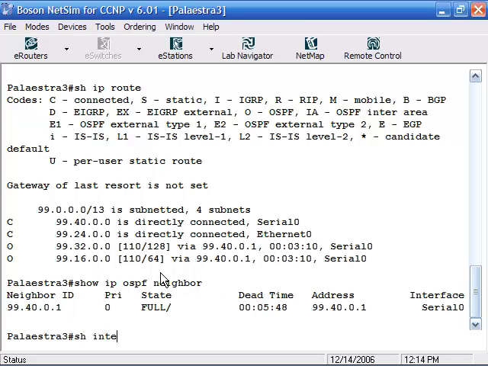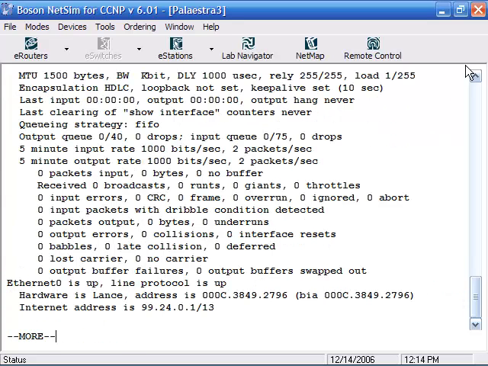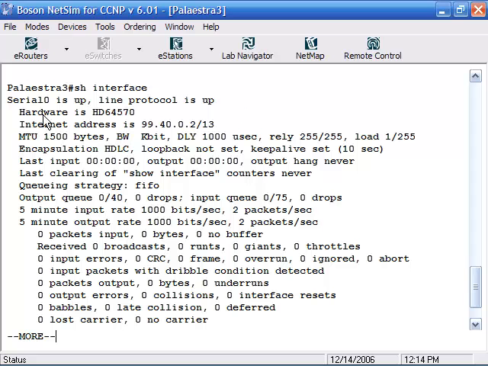I want to take a look at the interface that I'm running OSPF on. And I see serial 0, I check to make sure it's up, the line protocol is up, and I would look at the IP address, 99.40.0.2 with a /13 subnet mask.